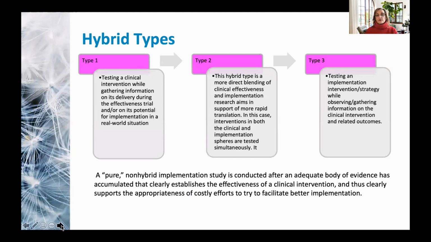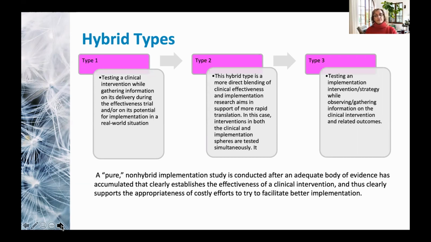The first is where you're still really invested in testing the clinical intervention, but as you develop that intervention you have an opportunity to start asking some questions. Remember the IKEA example of who's going to put this on the ground? How are they going to use it? What's that going to look like? You should be thinking about that as you're still developing your intervention.